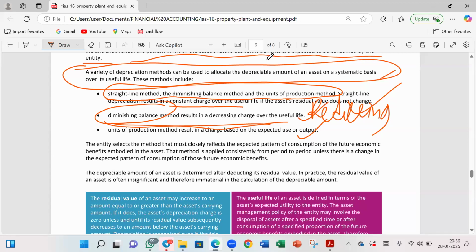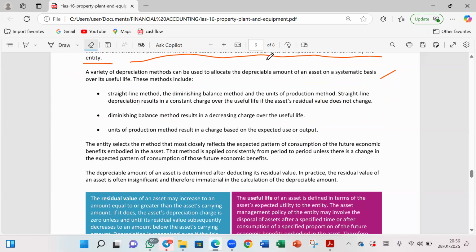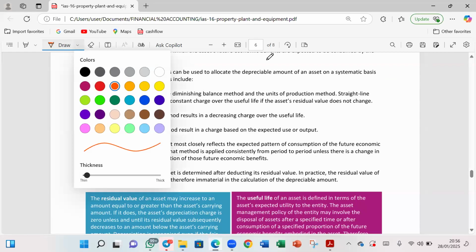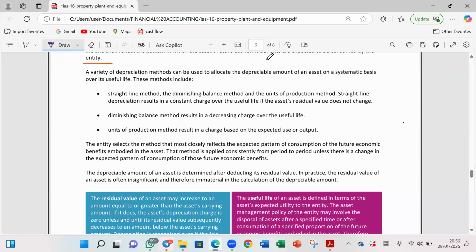And then you have the last one, the units of production. Other people call it the sum of the year digit method.